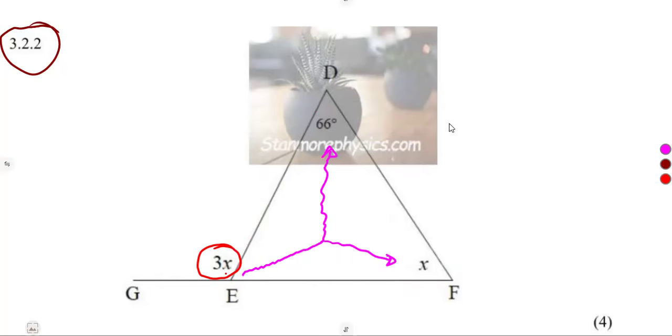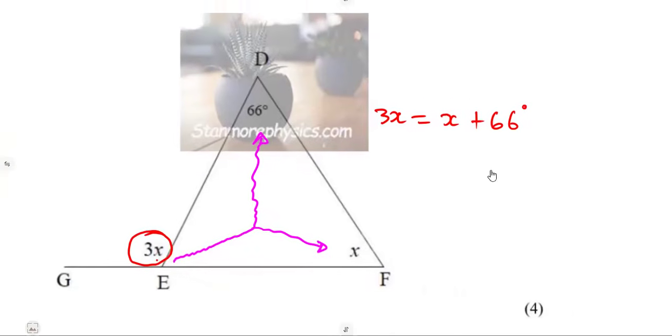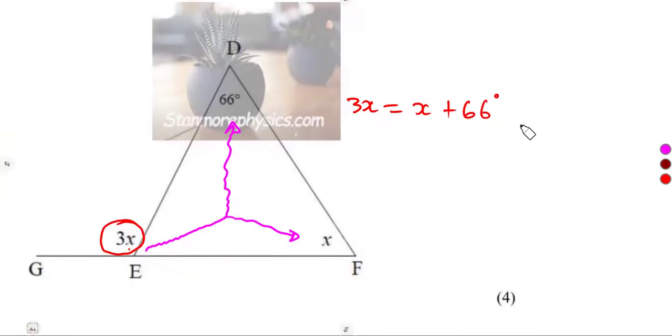So that's 3x is equal to the sum of these two, x and what? 66 degrees. We have formed an equation. From that statement, we are simply saying the exterior angle is equal to the sum of opposite interior angles.